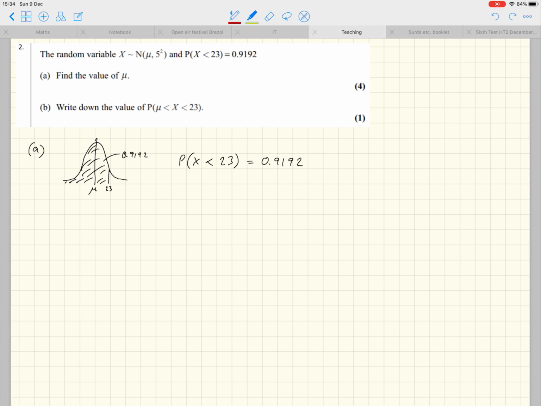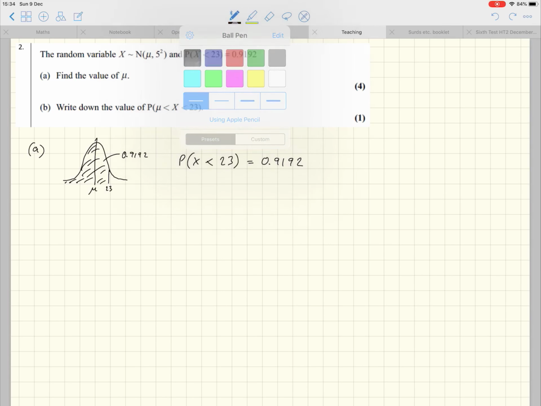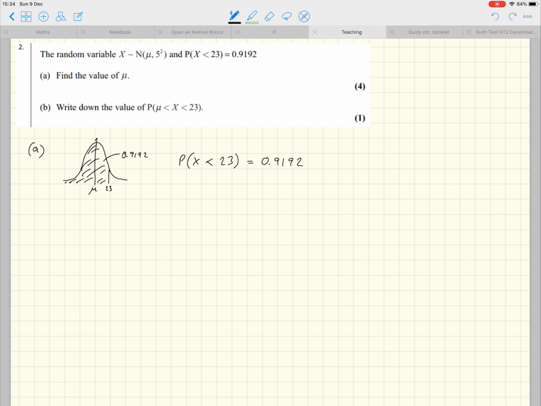In order to make progress when you don't know the mean, you're going to need to go via the standardized normal distribution, the one for which we use z, and that has mean 0 and standard deviation 1. So we first rewrite the left-hand side in z terms instead of x.